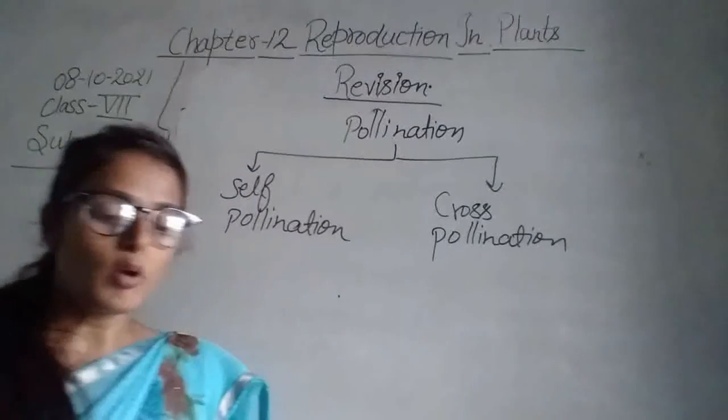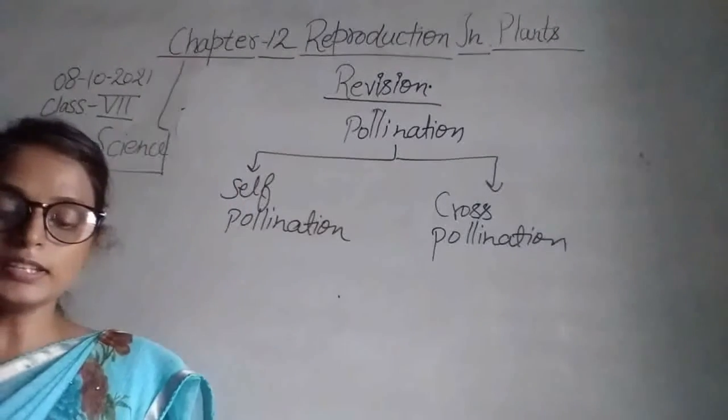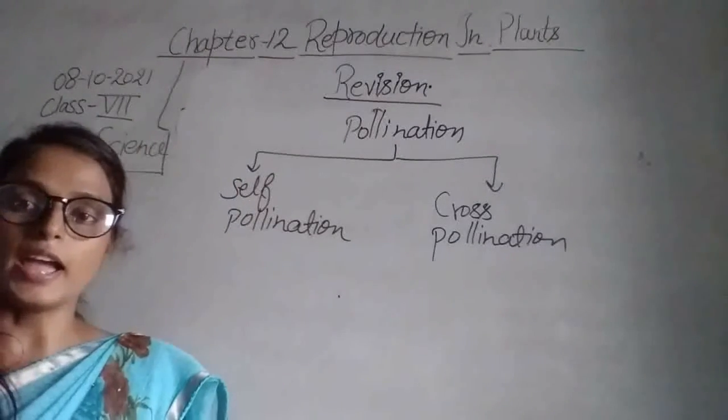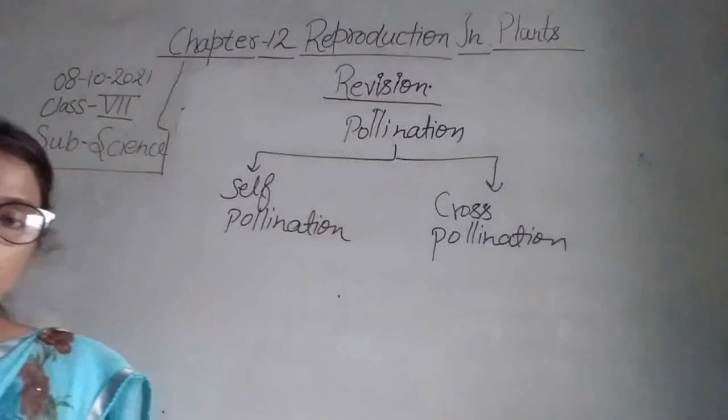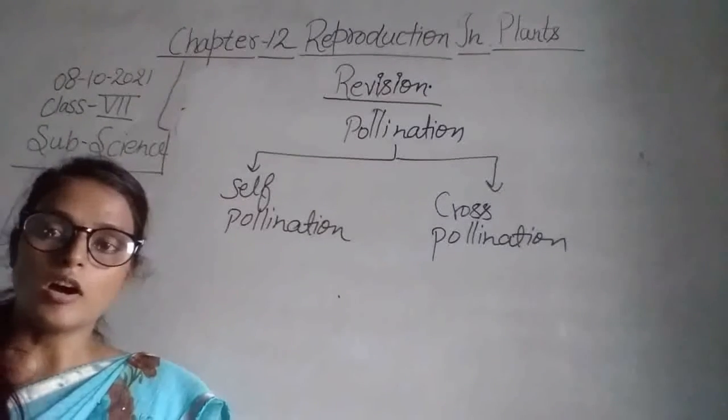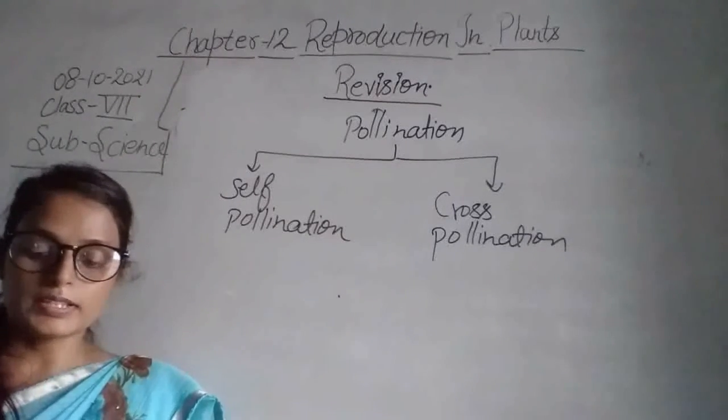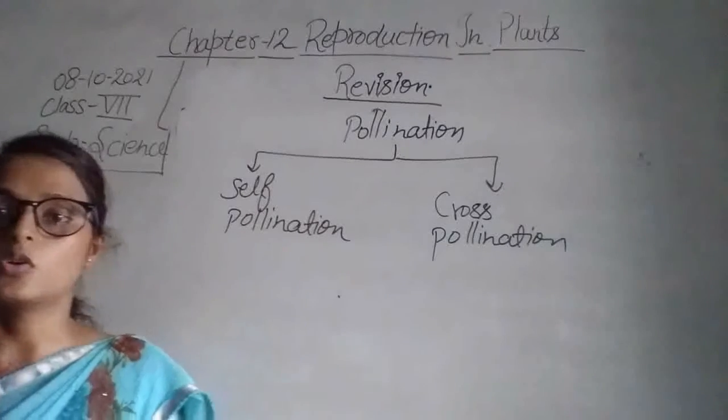In self pollination, the pollen grains are transferred from anther to stigma of the same flower or a different flower present on the same plant. Okay.